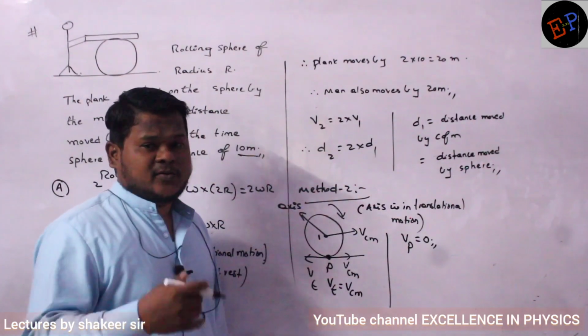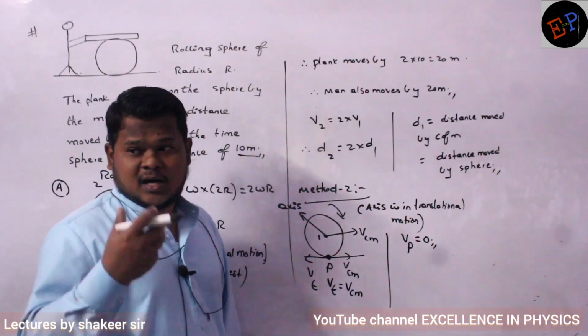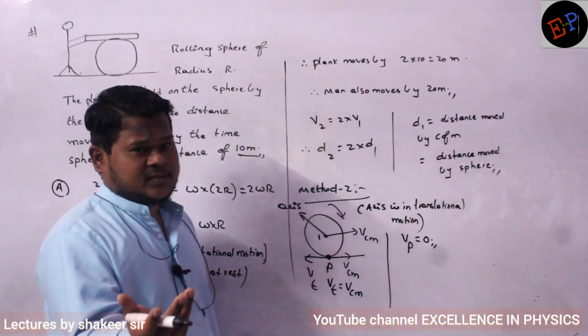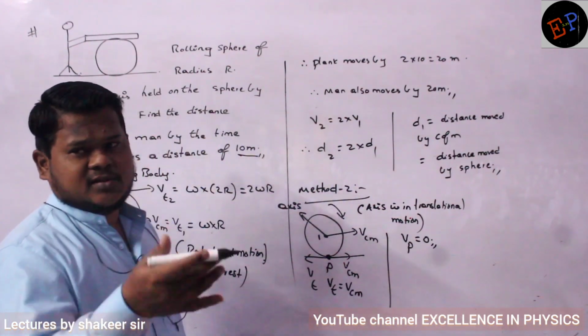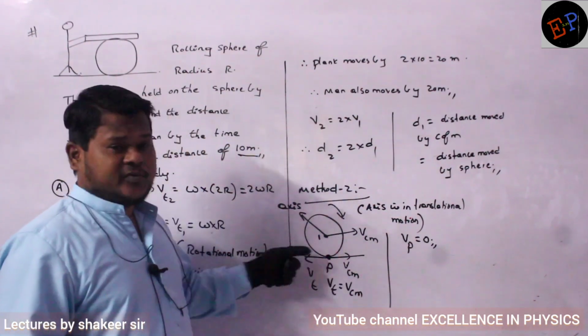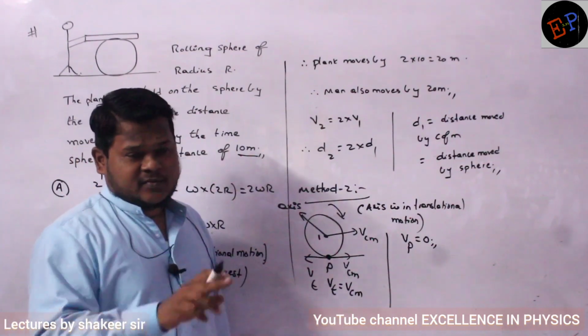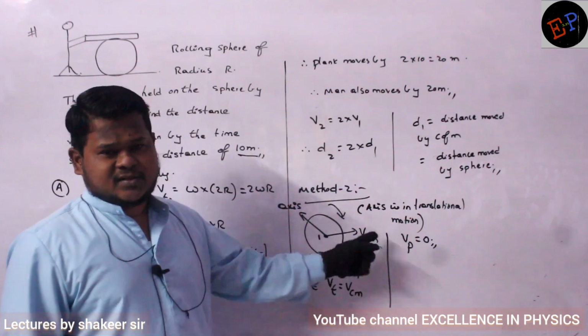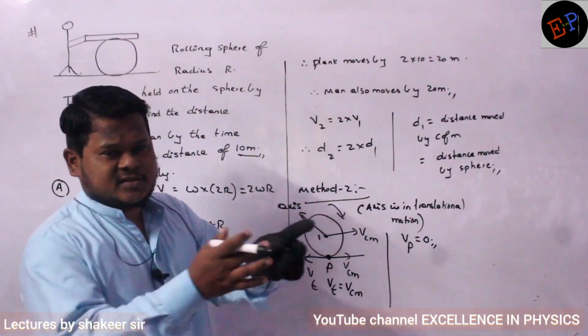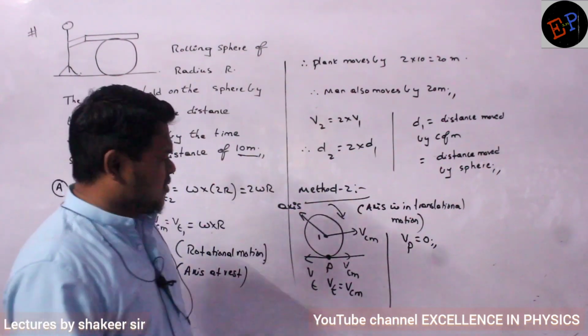Because tangential speed is omega into r, and r is the perpendicular distance from the axis. What is the perpendicular distance from the axis? 0. The axis is there only. So it doesn't have Vt. Tangential speed is not there. Velocity because of rotation is not there. Which velocity is there? Only the velocity of center of mass is there. Only translational velocity is present. Are you able to understand?